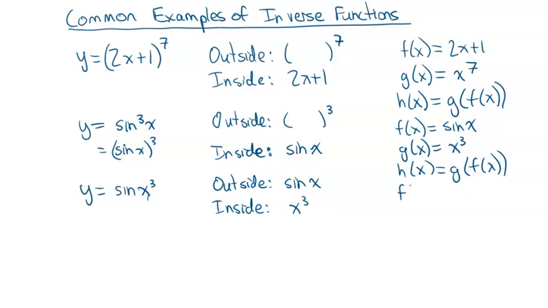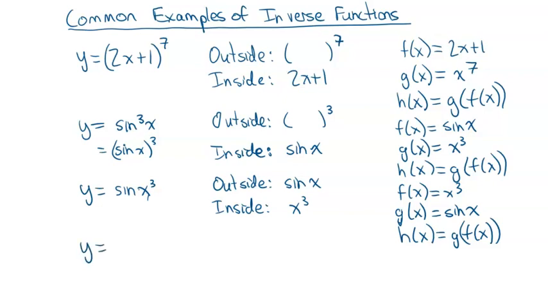So in this case, your f of x function would be x cubed, and your g of x function would be sine of x. And so if your h of x function was g of f of x, then you would say I'm taking the x cubed function, and then I'm putting it in terms of where I see the x in sine x. And so you get sine of x cubed.